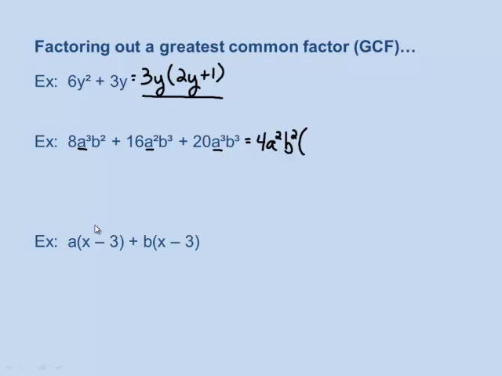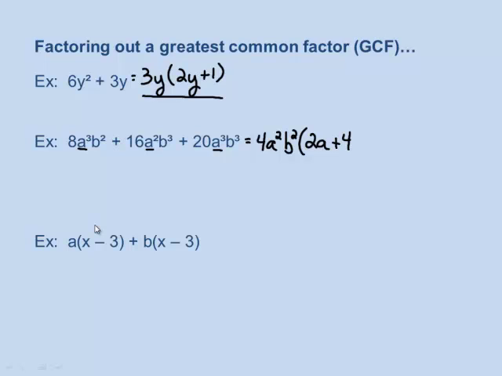Therefore, if we remove 4a squared b squared from each of those, 8 divided by 4 leaves us with 2. We had 3 a's, we took 2 out, so we're still left with 1, and we took both b's out. Out of our plus 16, positive 16 divided by 4 leaves us with a plus 4.